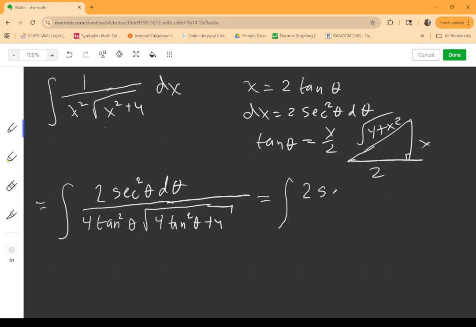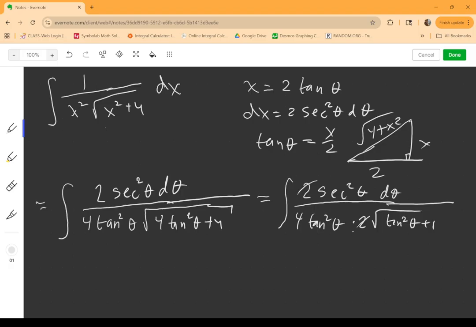So we get 2 secant squared theta. I'm going to factor out that 4 and take the root of that, so that's times 2 square root of tangent squared theta plus 1. Notice that that factor of 2 reduces, so I'm left with 1/4, since that 4 is in the denominator. I'm going to move it outside the integral since it's a constant.